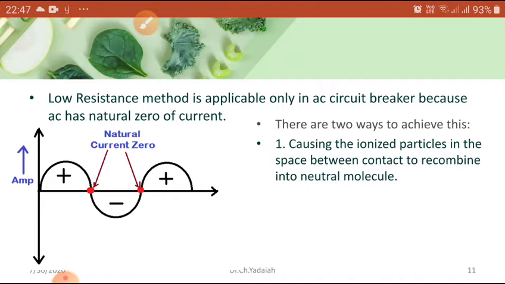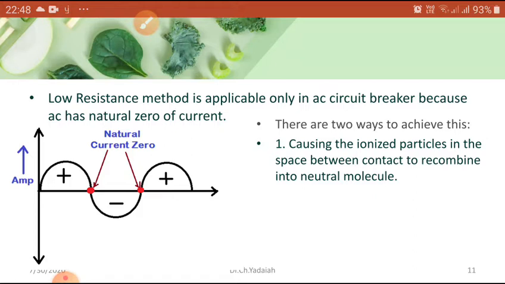Next, we have to recombine. Once the gas is ionized, what will happen? Under normal conditions, without any arc, the neutral gas molecules have high dielectric strength. Whenever a short circuit occurs, the power factor of the system goes to nearly 0.1 lagging.